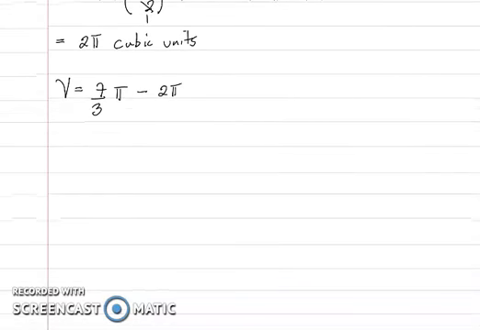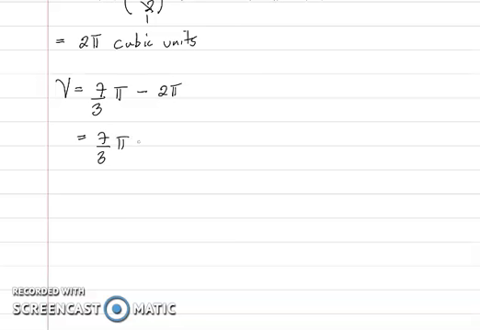So this volume would be equal to 7 over 3 pi minus 6 over 3 pi. So the answer is 1 over 3 pi cubic units. All right, so that's the end of it.